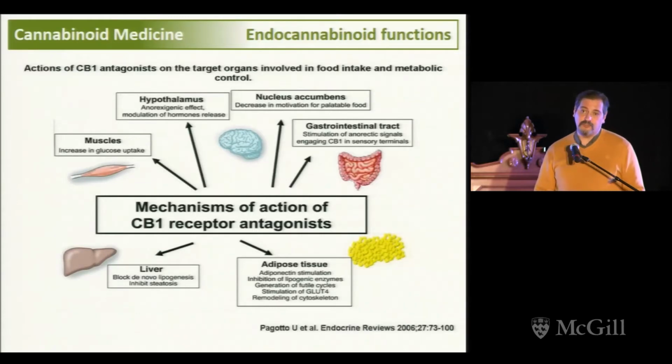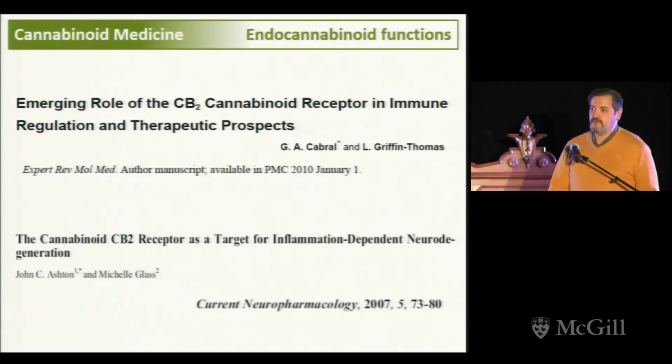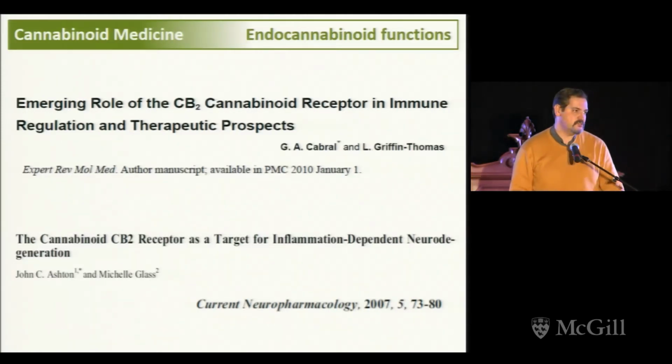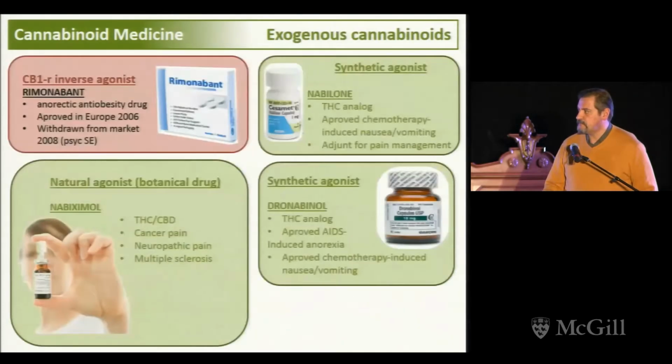So it does also affect the gastrointestinal system. And the CB2 receptors seem to be a bit more related to the immune system, to immunity and inflammation. So this is probably why CB2 seems to be of more interest in the field of, for example, pain, which is my field of expertise.